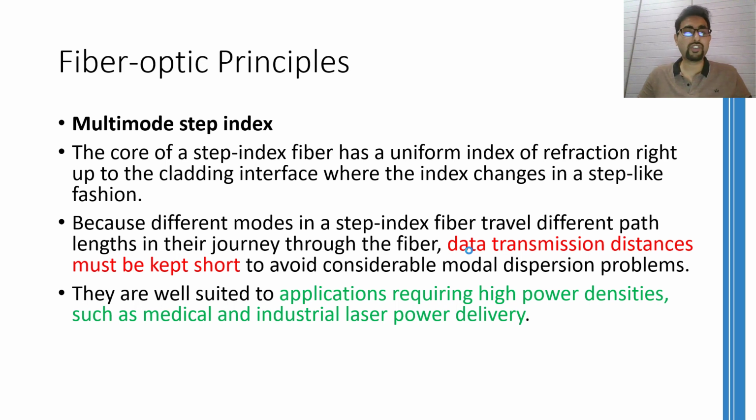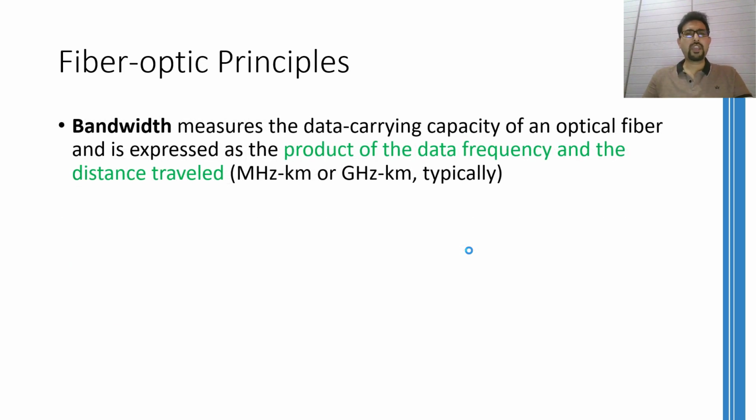As far as the fiber optic cables are concerned, the bandwidth is expressed in frequency-distance units. Bandwidth represents the data carrying capacity of any fiber optic cable, and we know that it depends on the frequency of the signal and also, in case of fiber optic cable, how far that signal can be carried by the fiber. Therefore, typical units for bandwidth in case of fiber optics are megahertz-kilometer or gigahertz-kilometer.